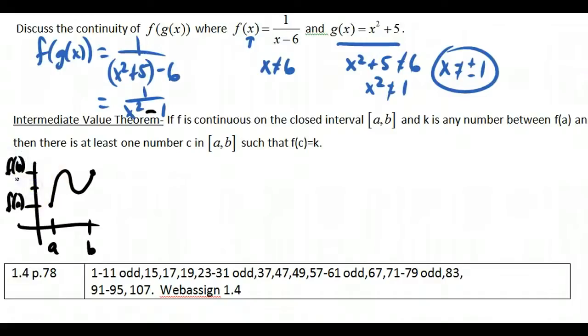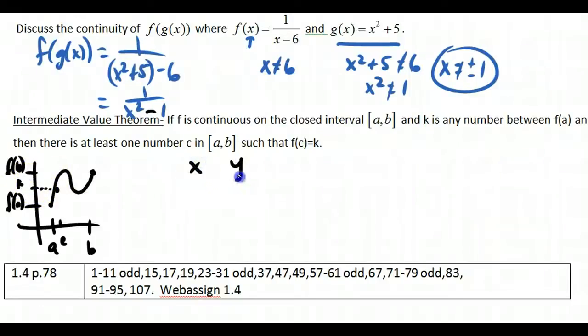Somewhere in the middle, if I say that I have a k value, well, what this theorem does, it's an existence theorem, so it guarantees me a value c that will match up with this k value, a y value of k. And that's pretty much it. For a continuous function to get from here to here, I've got to pass through every point in between somehow, every y value, and in this case I pass by the k.